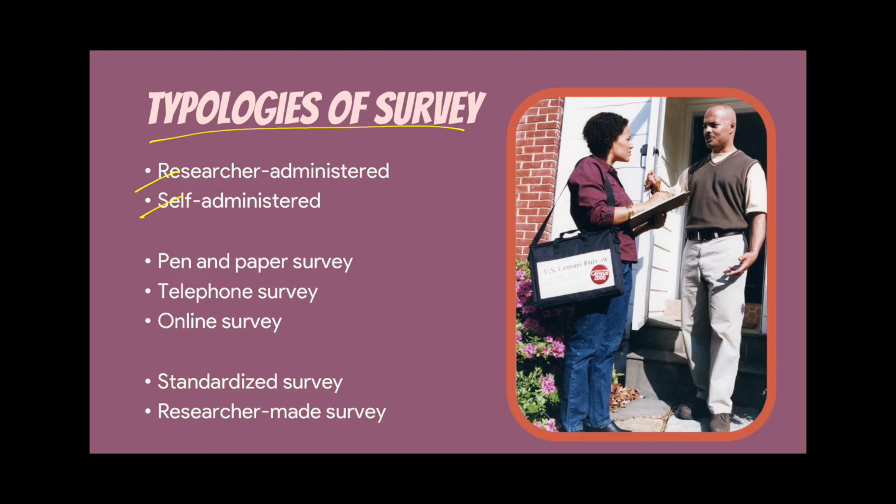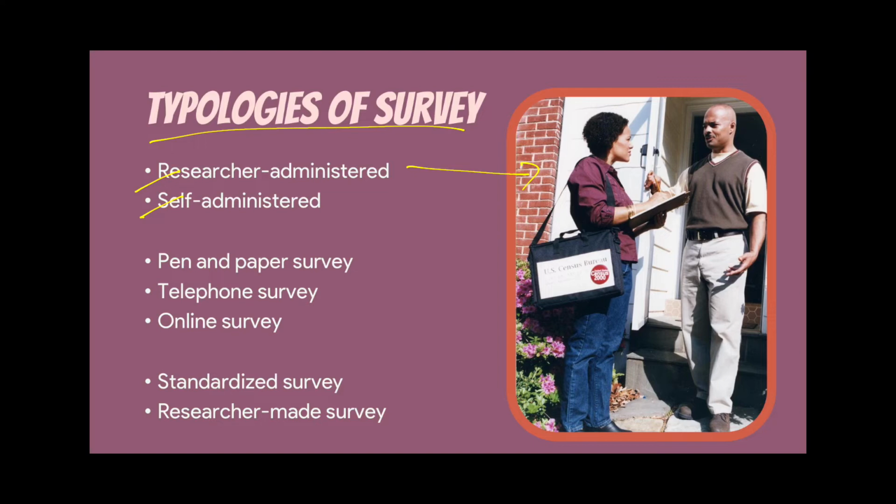When we say a researcher-administered survey, it is the researcher who's holding the instrument or the survey form, and the researcher, or the assistant of the researcher, or an enumerator, is interviewing the person, and while the person is answering the questions, it is the researcher who is filling out the survey form. So, for example, in this picture, censuses.